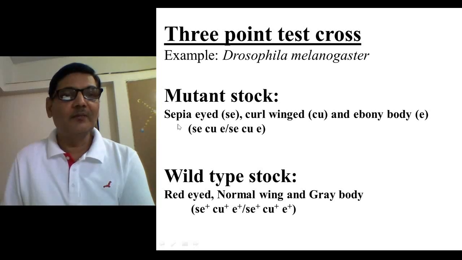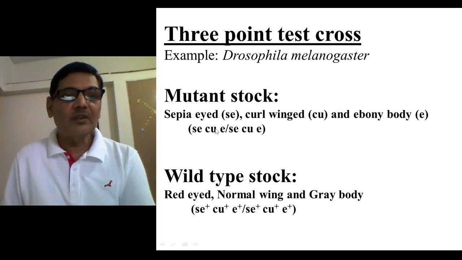So you may have flies having sepia eye color, which is represented by sc, then flies with curled wing, that is being shown here by cu, and ebony body color, that is similar to black body color but it is lighter black, and that is indicated by small e.